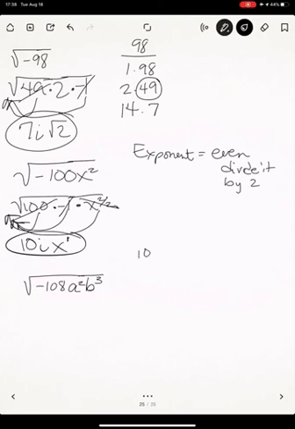We're going to list our factors of 108, which in this case are 1 and 108, 2 and 54, 3 and 36, 4 and 27. 5 is not a factor. 6 and 18. 7 is not, we're not going to that. 8, we're not going to it. 9, we're not going to it.